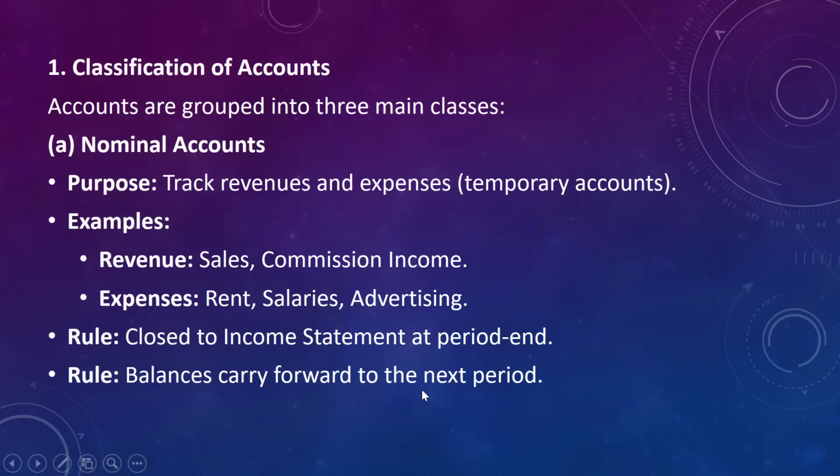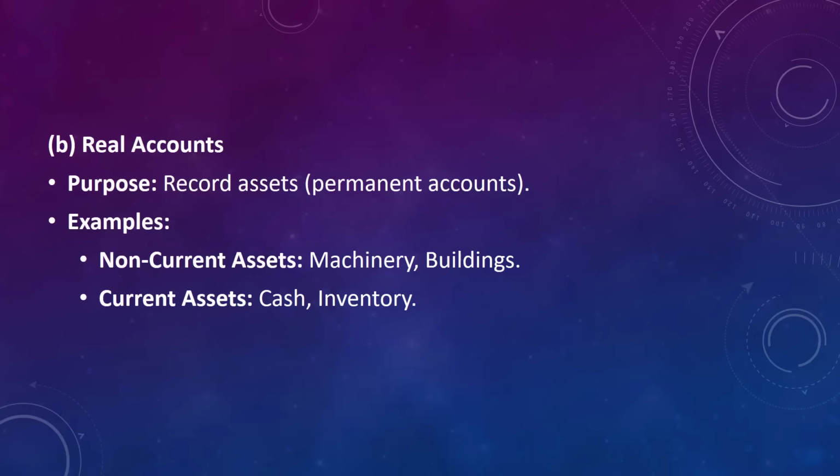So these will be things like your sales, your purchases, your rent, advertising, insurance, telephone bill, light bill, and so forth, right? Intangible accounts. Your real accounts are the tangible accounts.